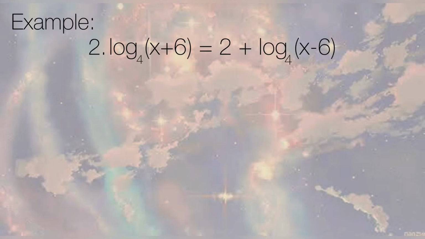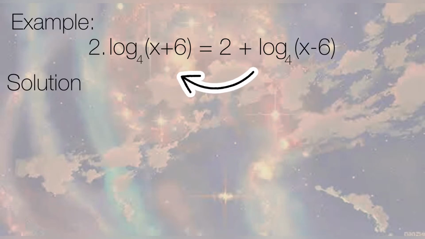Not hard enough? Let's try this one. Second example: logarithm of x plus 6 base 4 is equal to 2 plus logarithm of x minus 6 base 4. First is to arrange the equation.